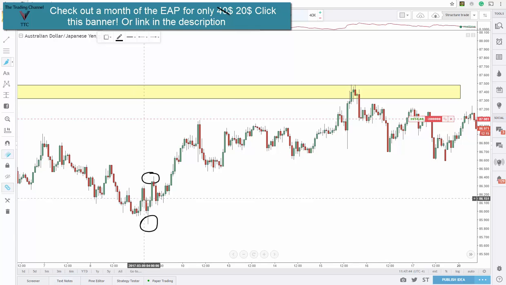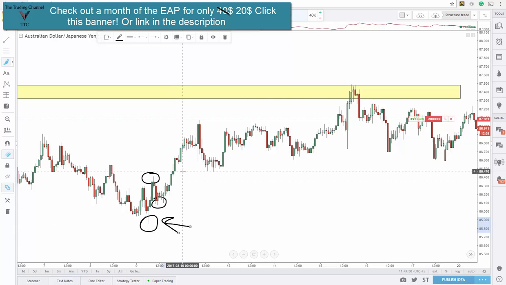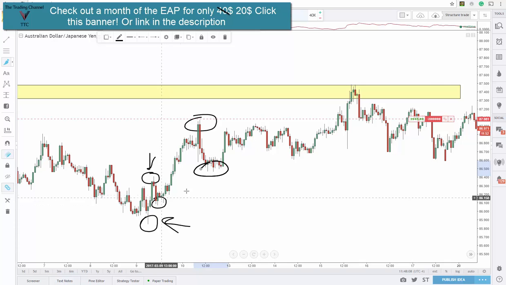So we have a higher low here because we're higher than this previous low, right? And then we have a higher high here because we're higher than this previous high. So that makes 1 higher high. We have a next consecutive higher low here because we're higher than this low. So that's 1 consecutive higher high, 1 consecutive higher low.